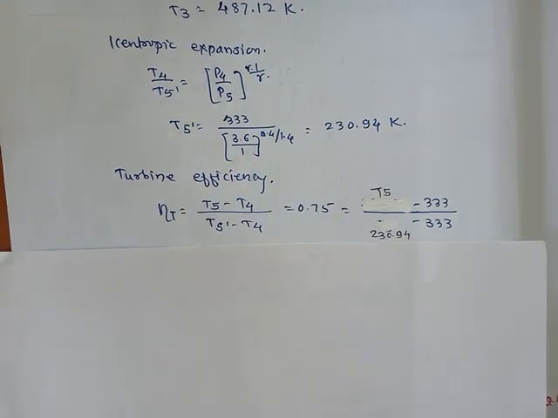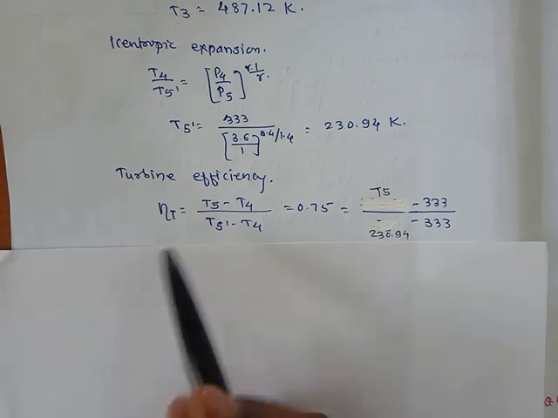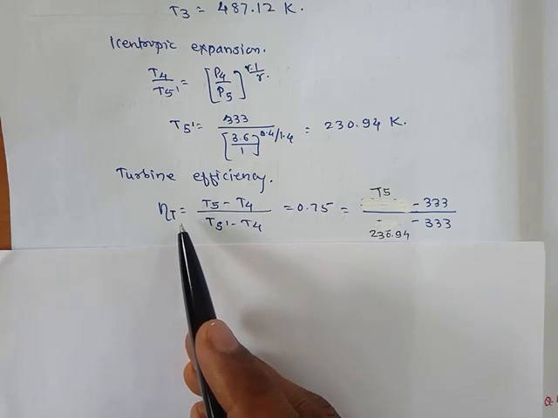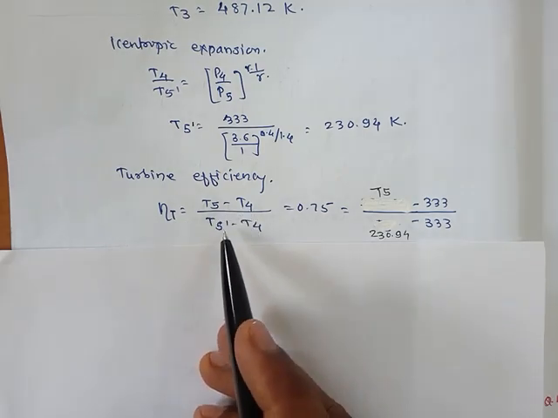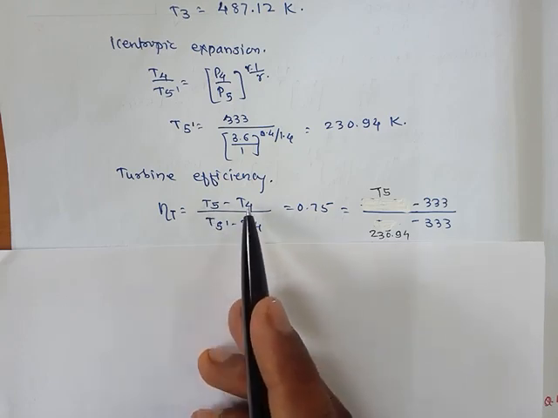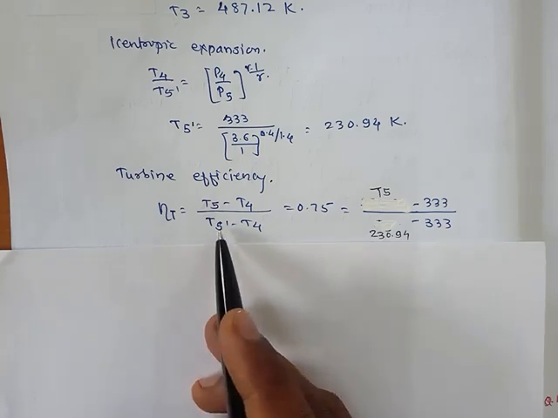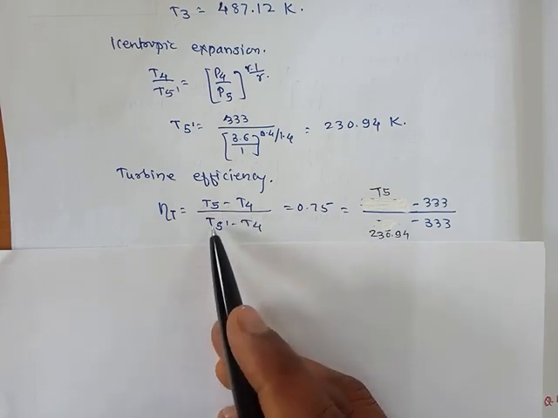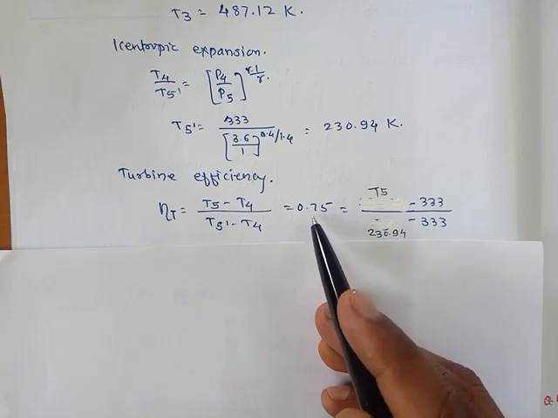Then the turbine efficiency formula is equal to actual turbine expansion divided by ideal turbine expansion. So here, actual temperature difference of turbine expansion divided by ideal temperature difference between turbine inlet and outlet. So T5 minus T4 divided by T5 dash minus T4. The turbine efficiency given is 75%.